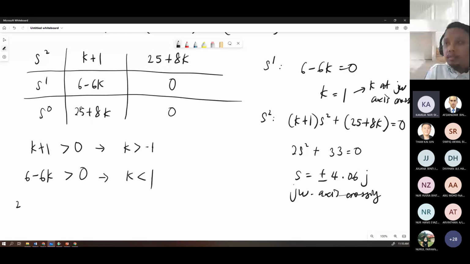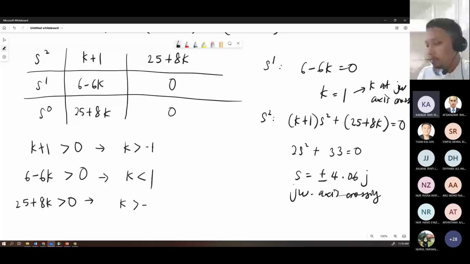And lastly, you get k bigger than minus 25 over 8, so it's about minus 3.125.